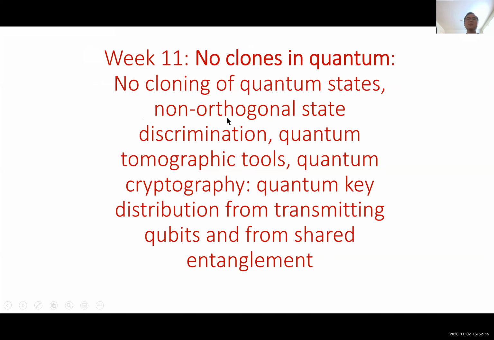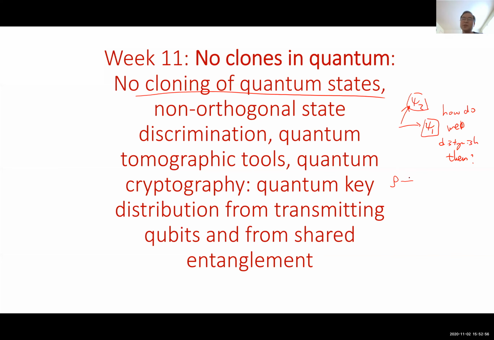Then ask the question: if you have non-orthogonal states, how do we distinguish them? How do we know which one is psi 1, which one is psi 2? And what is the probability of success? And things like that.